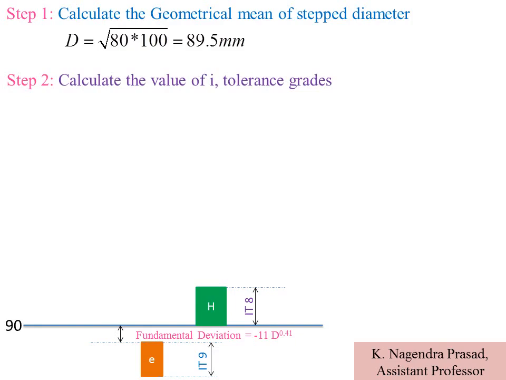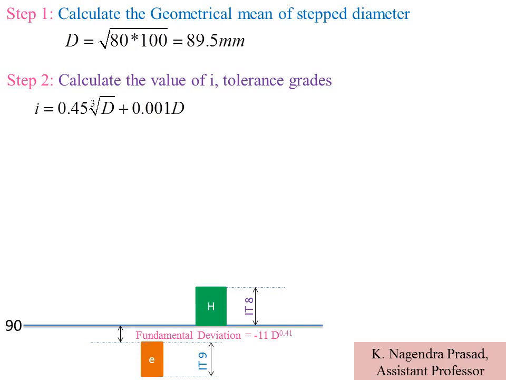So next, the second step is we have to calculate the i value. That is the tolerance unit given in the problem: i equal to 0.45 into cube root of capital D plus 0.001D. Here capital D is the geometric mean of the step diameter, and that value of capital D is 89.5 mm.